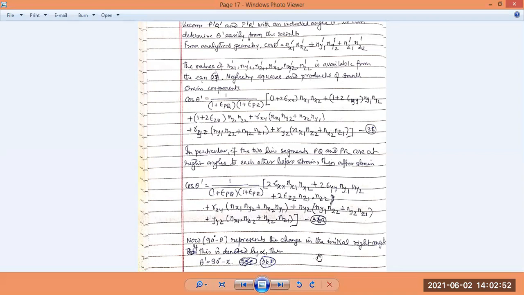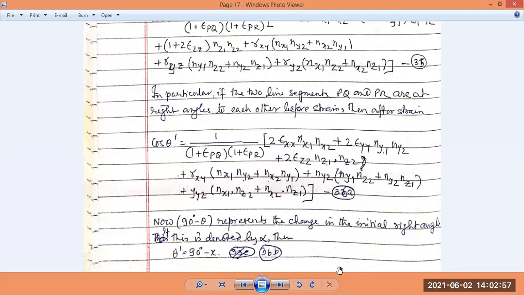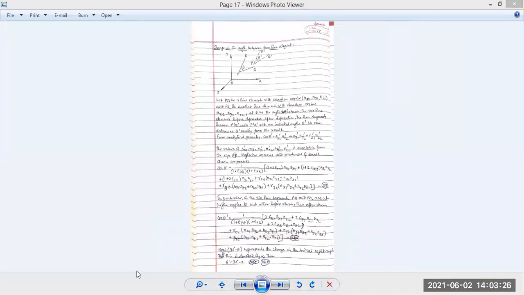Now 90 degrees minus theta dash represents the change in the initial right angle. If that is denoted by alpha, then theta dash will be 90 degrees minus alpha itself. Go for equation 17, 18 there.